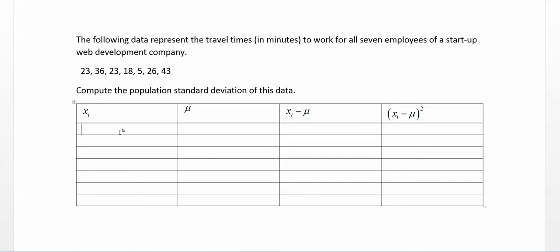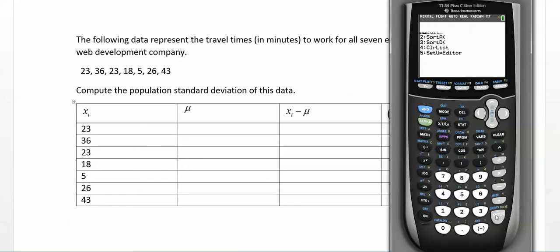We're going to calculate these numbers by filling out this chart. The xi simply represents the observation. So I'm going to type in the numbers, and then input these same numbers into the calculator.